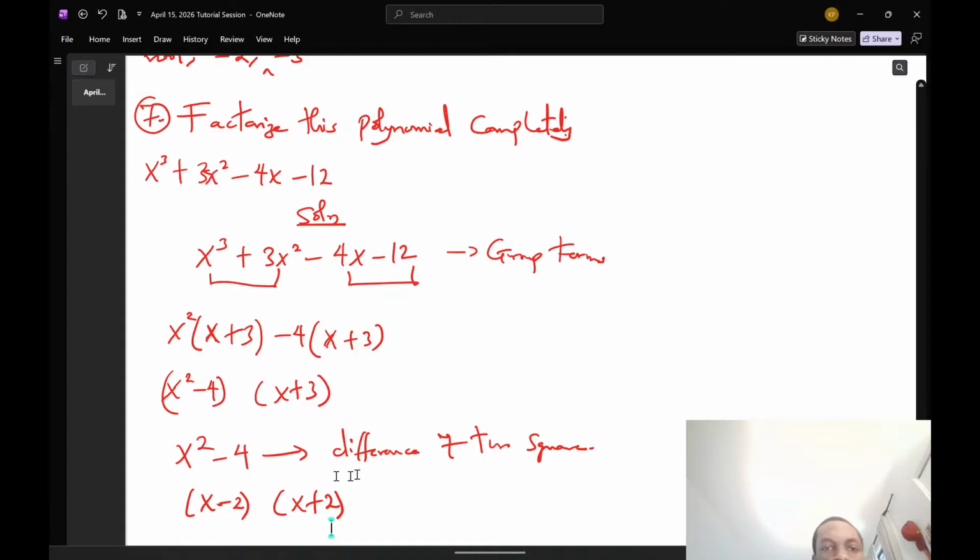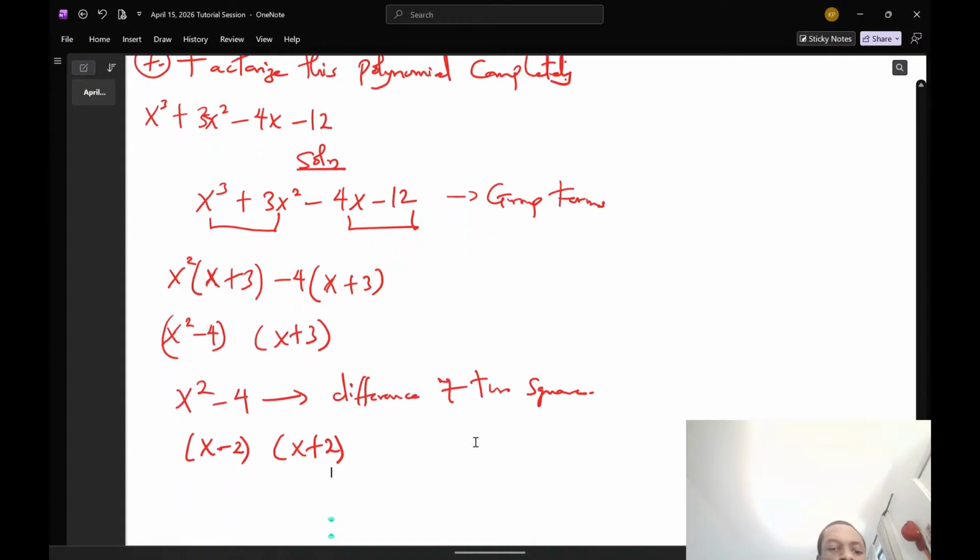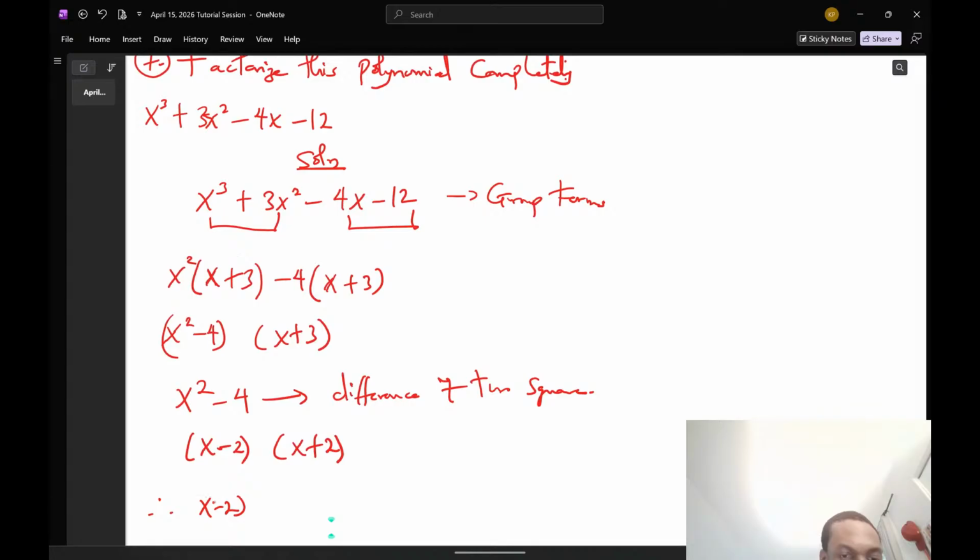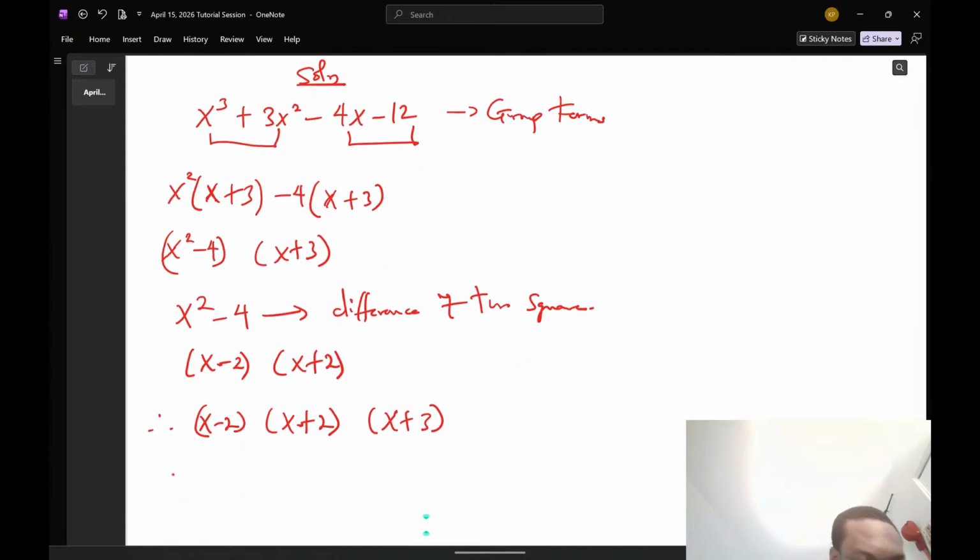So when you factorize this polynomial completely, the answer you get is x minus 2 into x plus 2 into x plus 3. Okay, so I'll say the roots are x is equal to plus 2, minus 2, and minus 3.